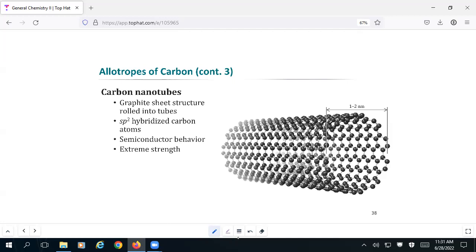One of the things they do have going for them, because they are kind of graphite derivatives, is some conductivity behavior. They act more in the semiconductor range. Their durability is what is most notable. They have a good amount of tensile strength, which does put them into an elite class of materials chemistry.